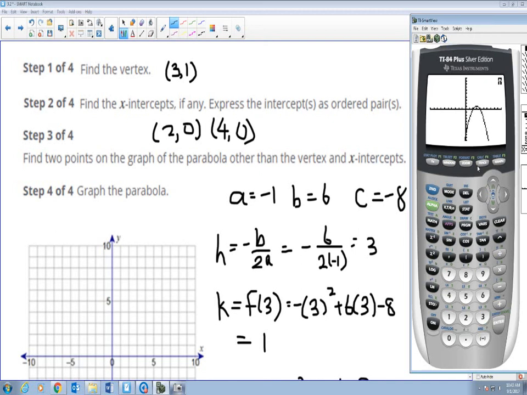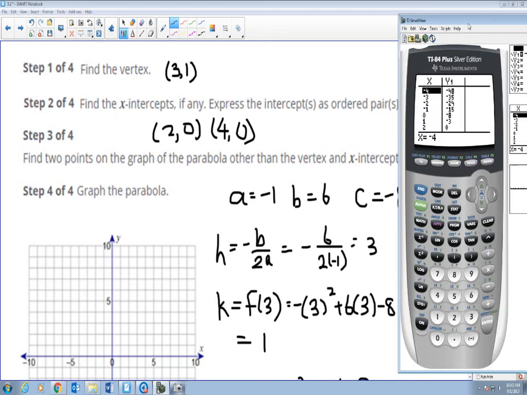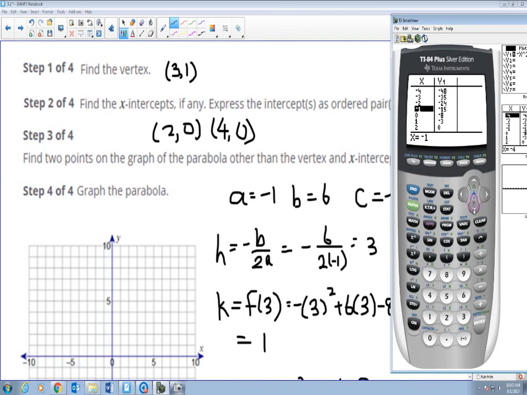If you ever come to the table where you cannot find a y value equal to 0, well, take a step back.